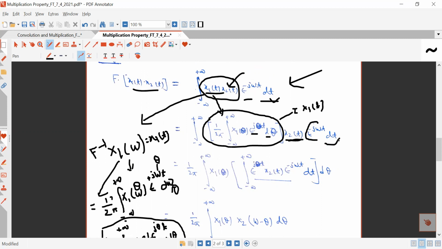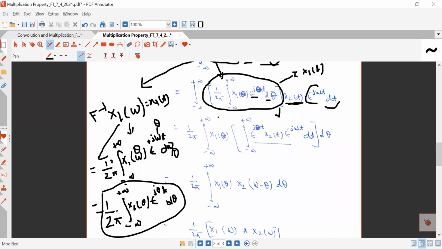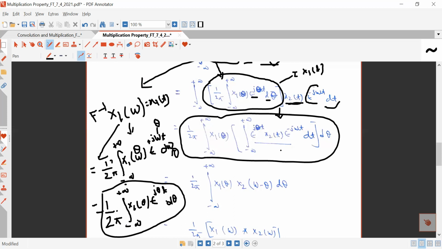Now you can readjust the terms which are existing inside the integration. You can get this complete expression just by readjusting the terms which are existing in the integral. So now come to this expression. What is this?